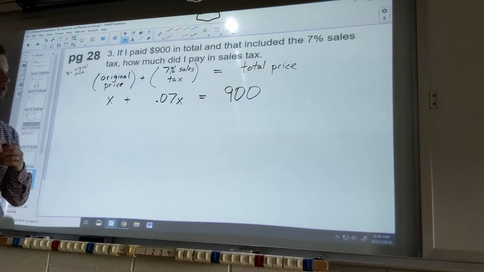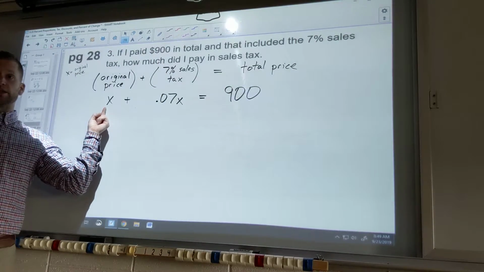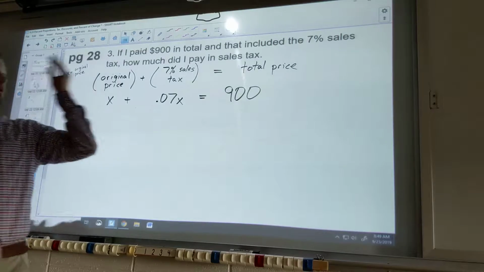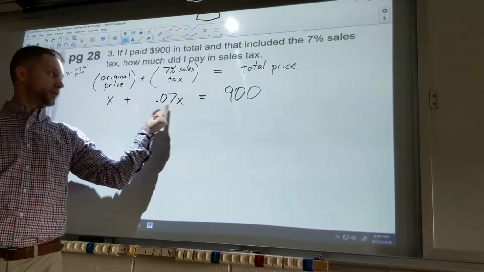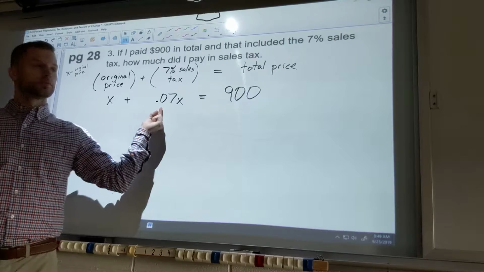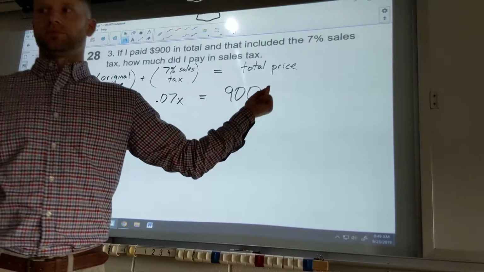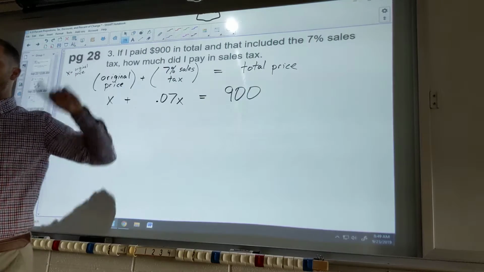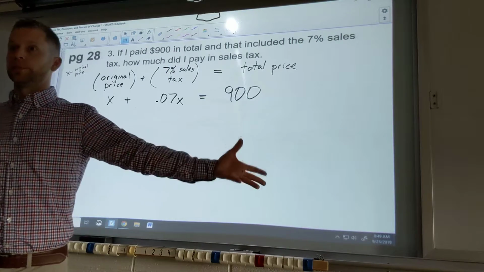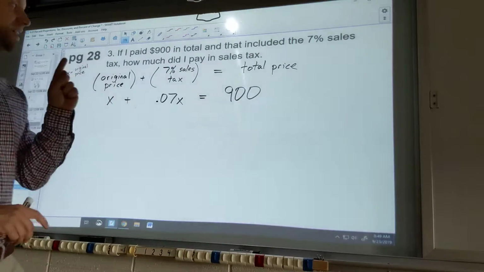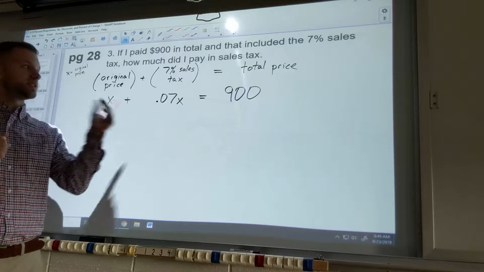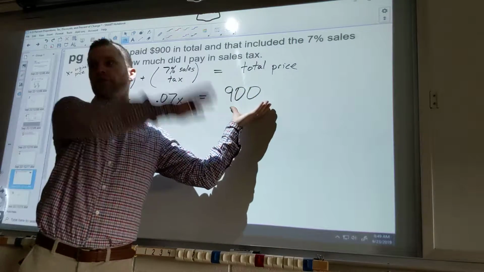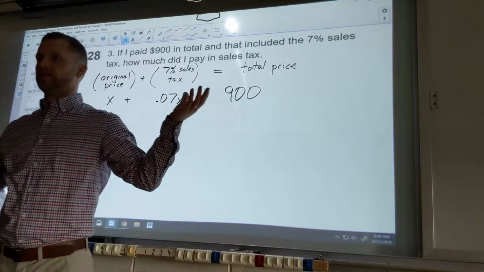So let's make sense of this real quick. We have our original price, which is X, plus sales tax, which you find by doing the original price times 0.07, and that equals 900. A lot of people look at this problem and they want to do 900 times 0.07, right? But sales tax isn't found by taking the price after tax and multiplying it.